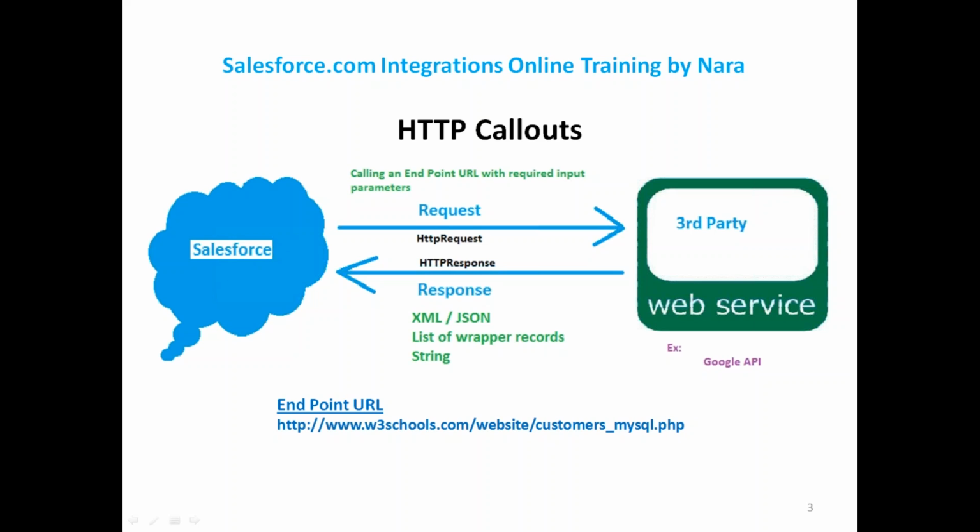So let's go to a practical scenario where you can have a look on this. So we'll cover both XML parsing and JSON parsing. So we'll see how the JSON response is and how the XML response is, and we'll parse the data and perform some DML operation. So we'll enhance the application as per our need.